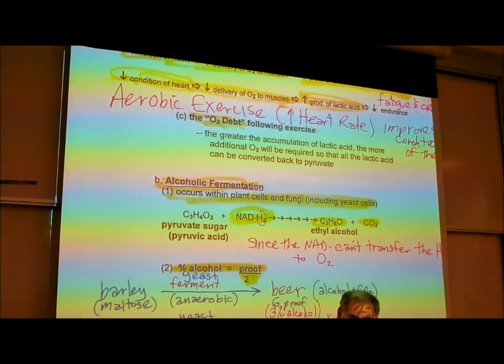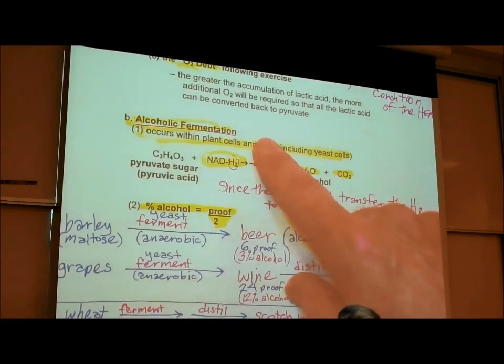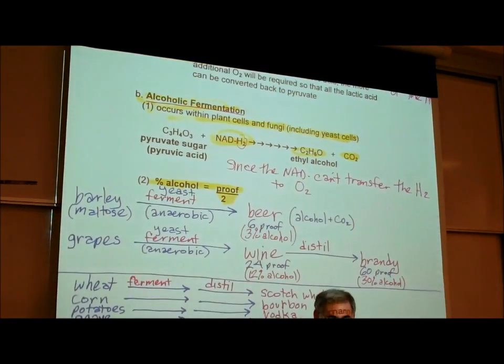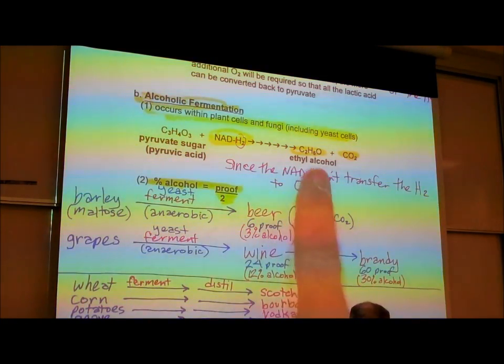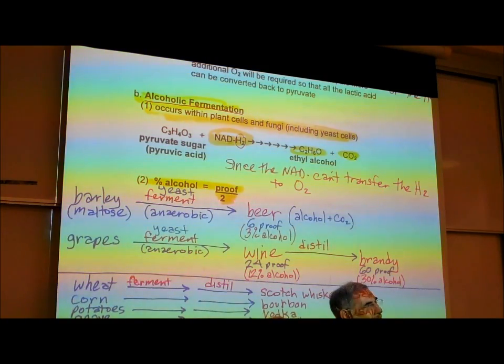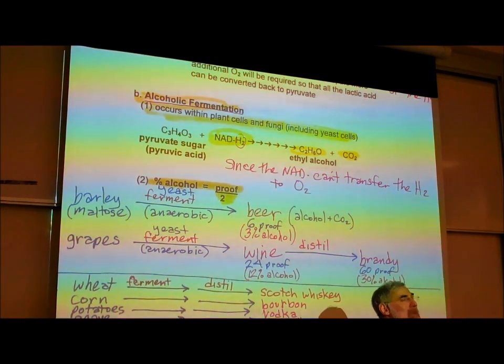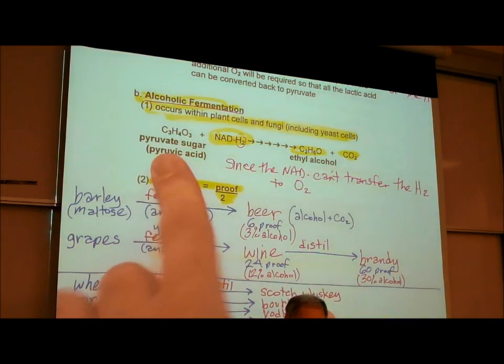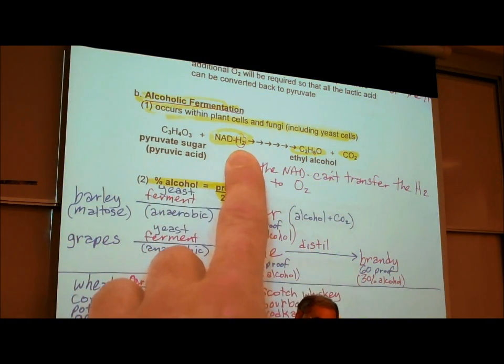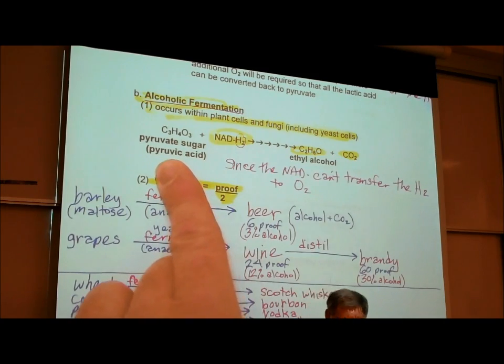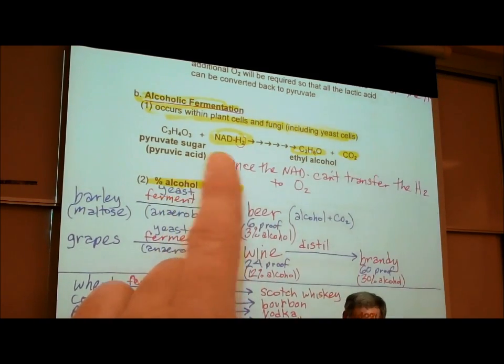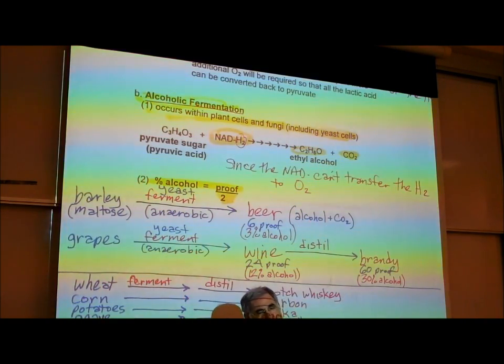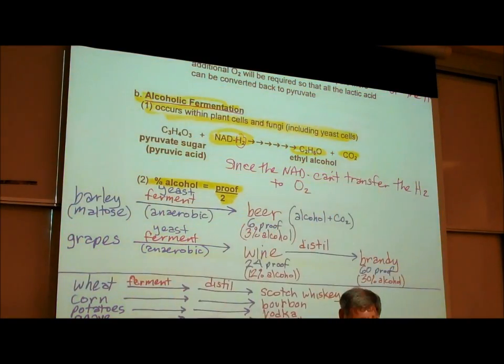All right, so anyhow, we talked about fermentation in plants and in fungi, including yeast. When they are breaking down sugars to make ATP, and there's not oxygen available, the hydrogens are transferred right back onto the pyruvate sugar, but in this case, it's turned into ethyl alcohol or ethanol and carbon dioxide.